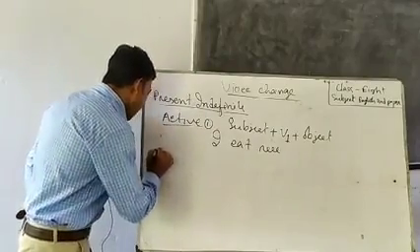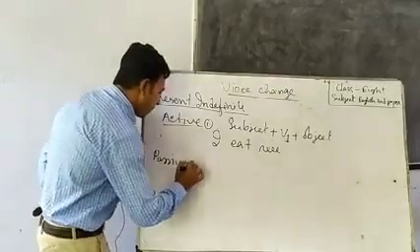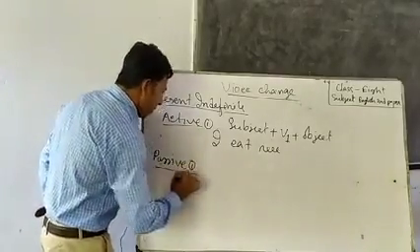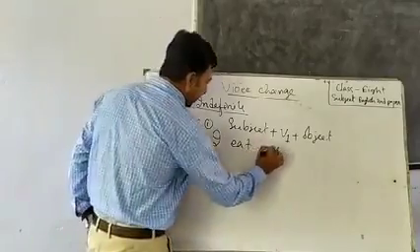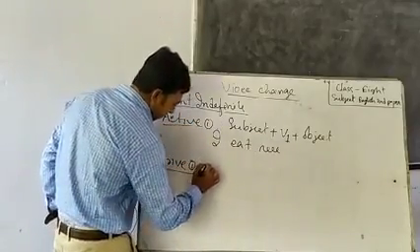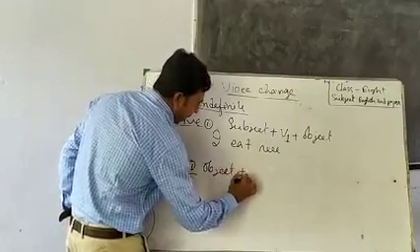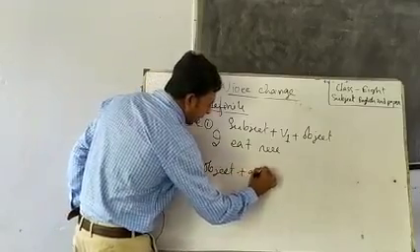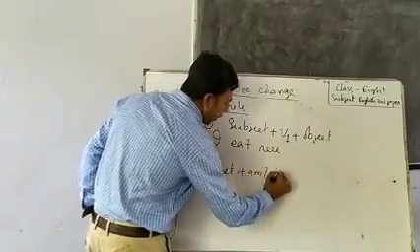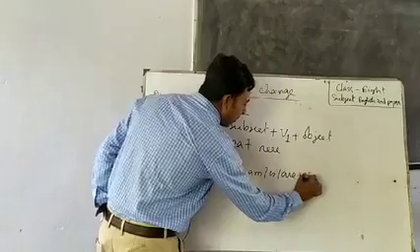I write another structure, which is passive. How do I change into passive? I write here a structure: object plus am, is, are plus verb 3.